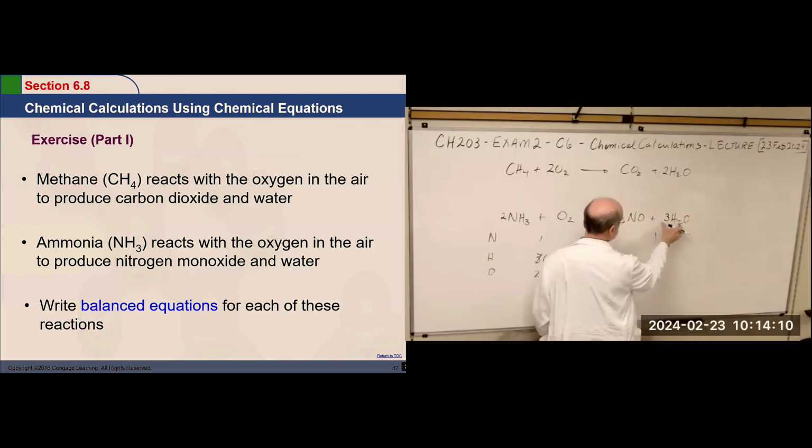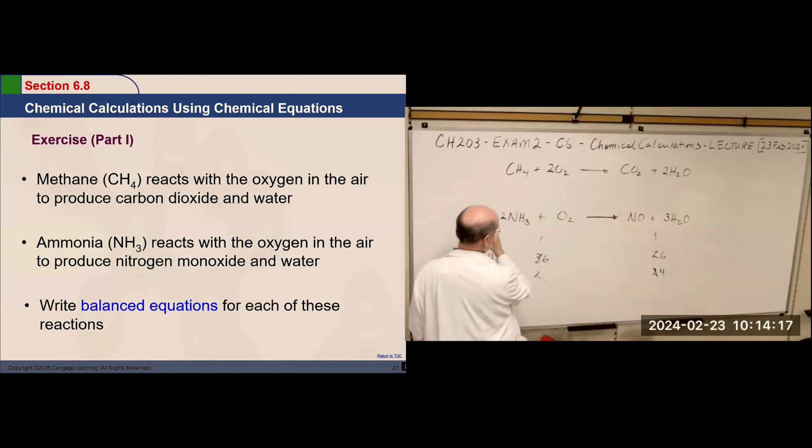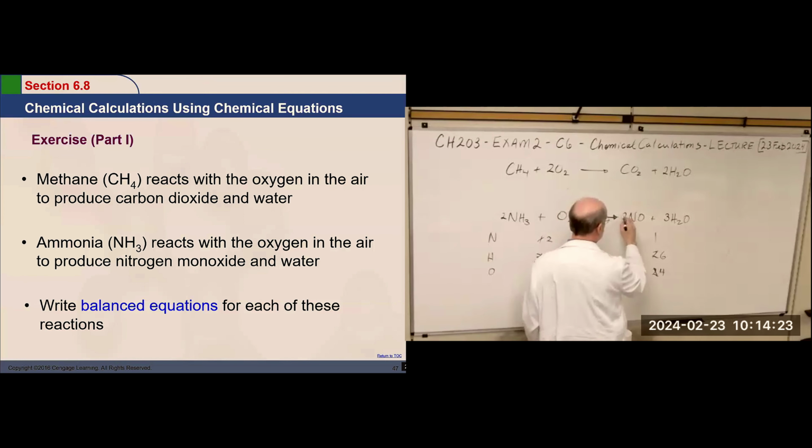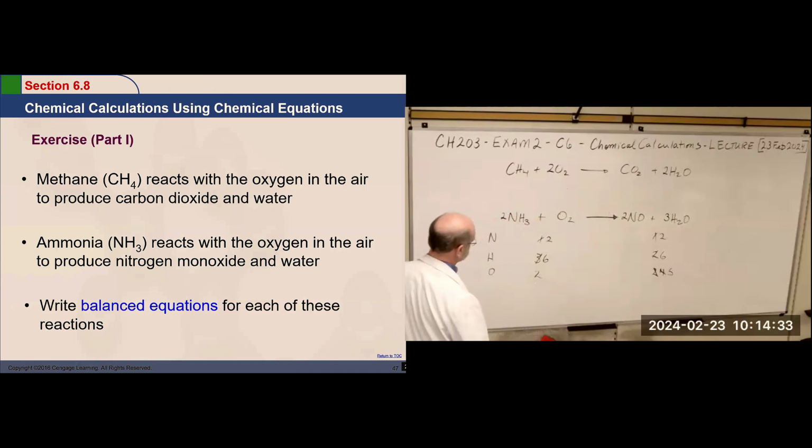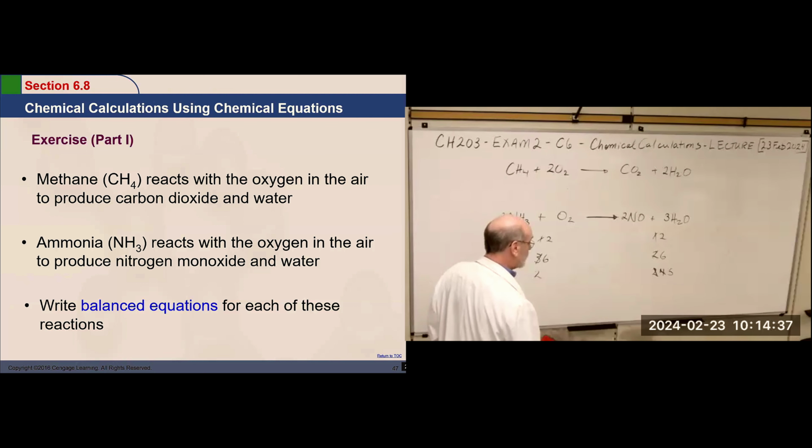Then we have to balance the rest of it. 3 plus 1 is 4 oxygens. And then, let's see, 2 nitrogens. Now we got to go over here and say 2 nitrogens. That changes the oxygens. 2 plus 3 is 5. So far, so good. Now, we want to get 5 oxygens out of that.